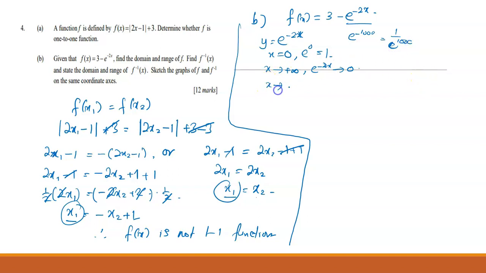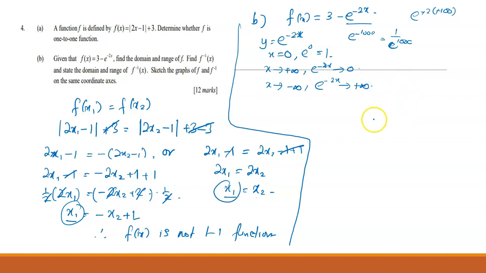When x approaching to negative infinity, when x is getting smaller and smaller, e power of negative 2 and negative 100. So look at this one here, negative times negative, positive. And 2 times 100 is a big number. So when x approaching to negative infinity, e power of negative 2x approaching to positive infinity.